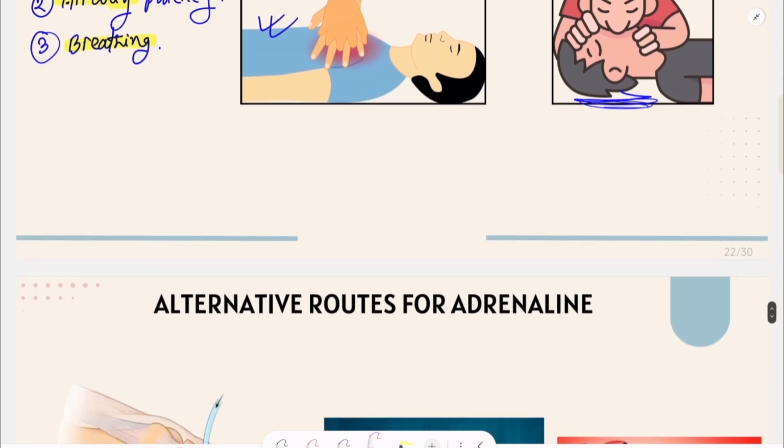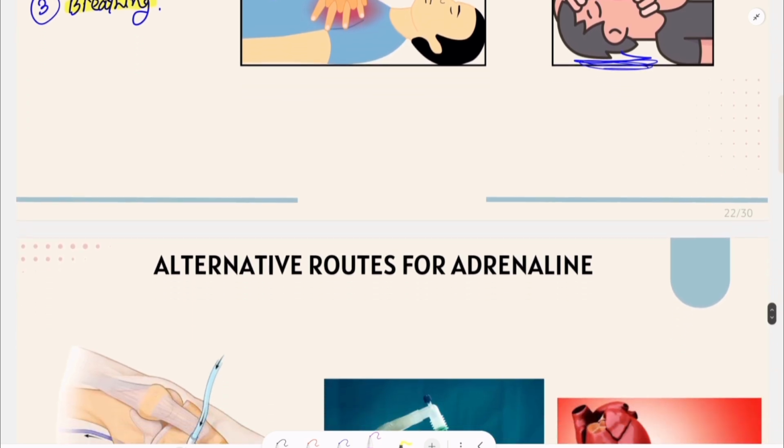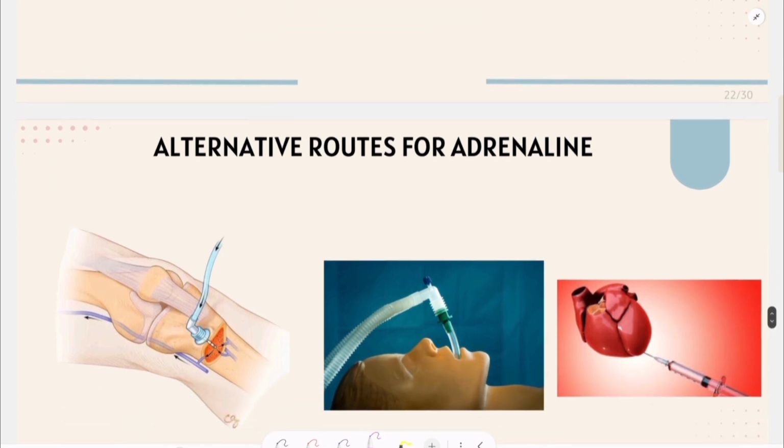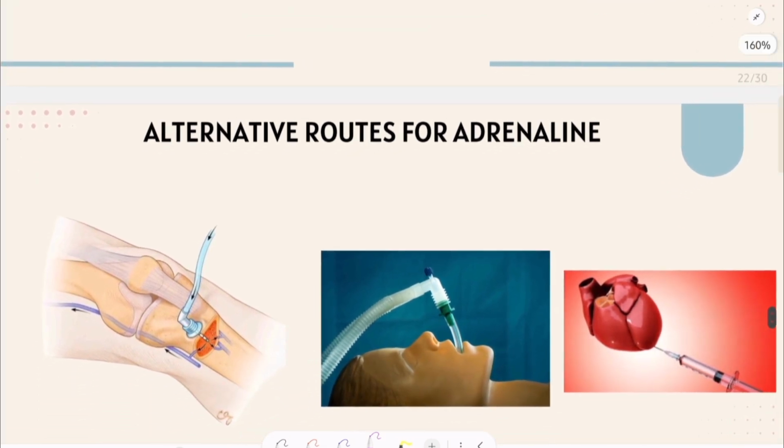The circulatory system will totally collapse and the vein will not be prominent. So it is impossible to find the vein and inject adrenaline into the vein. So what we can do in this condition, we can use some alternative routes for adrenaline.